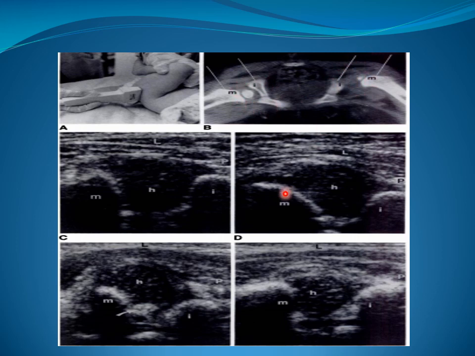So in ultrasound, this is the metaphysis, the ischium and the femoral head, where it is seen in position during the exam. This is another example. Here we can see it in a normal position, while on applying Barlow's test, we can see that it is displaced slightly outwards from the socket. This is the socket here.